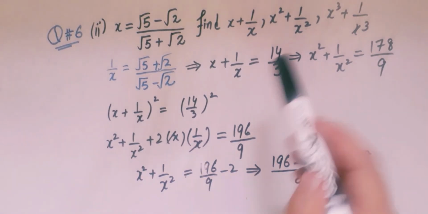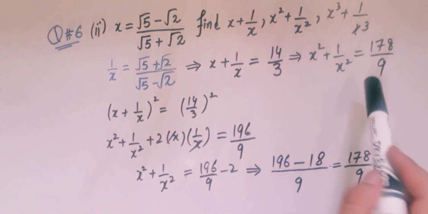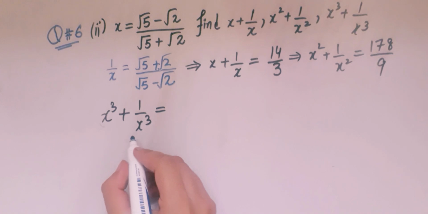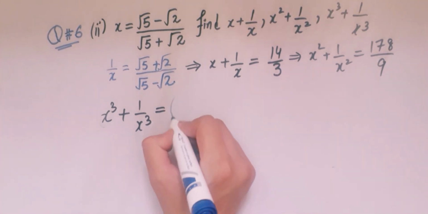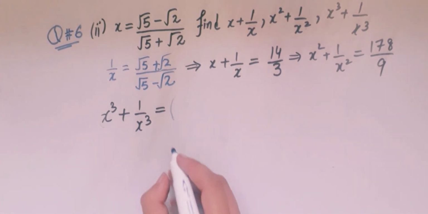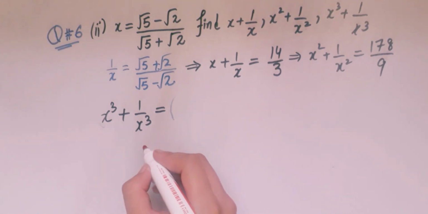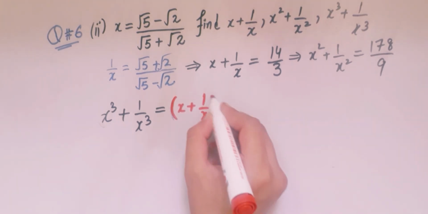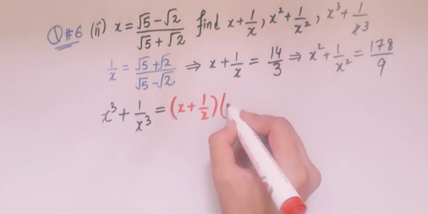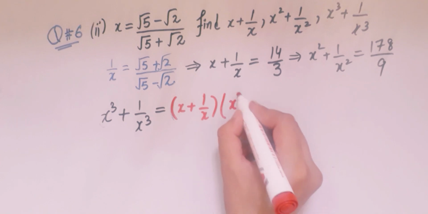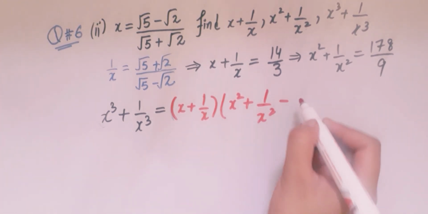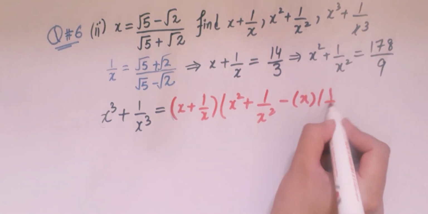Now we have to find x cube plus 1 over x cube. So for this purpose we use the formula of x cube plus 1 over x cube. The formula is (x plus 1 over x) into (x square plus 1 over x square minus x into 1 over x).